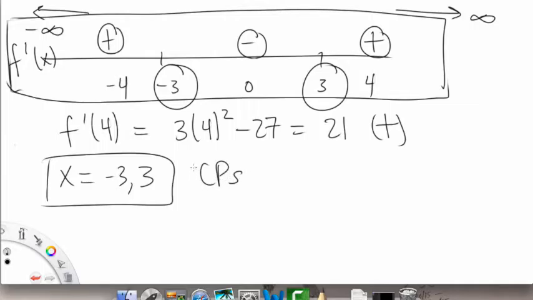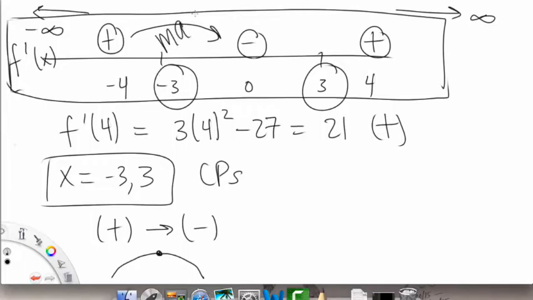And at each of these points, we have to determine what's going on with our graph. So at negative 3, we see the first derivative changing from positive to negative, right? So when the f prime of x changes from positive to negative, that means we're going from an increasing function to, here's our critical point, a decreasing one, right? So at that point, we have a local maximum, okay? And conversely, when we go from a negative first derivative to a positive first derivative, that means we're going from a decreasing function to an increasing one, all right?